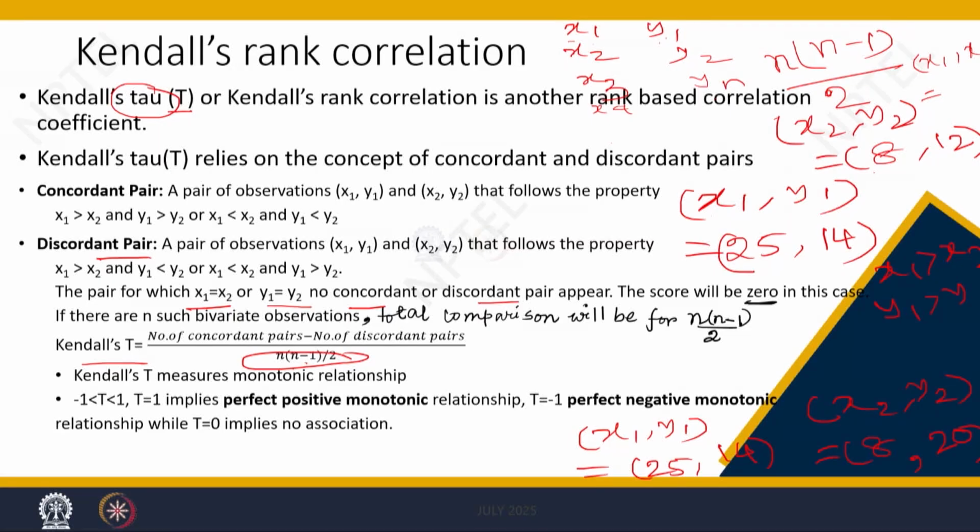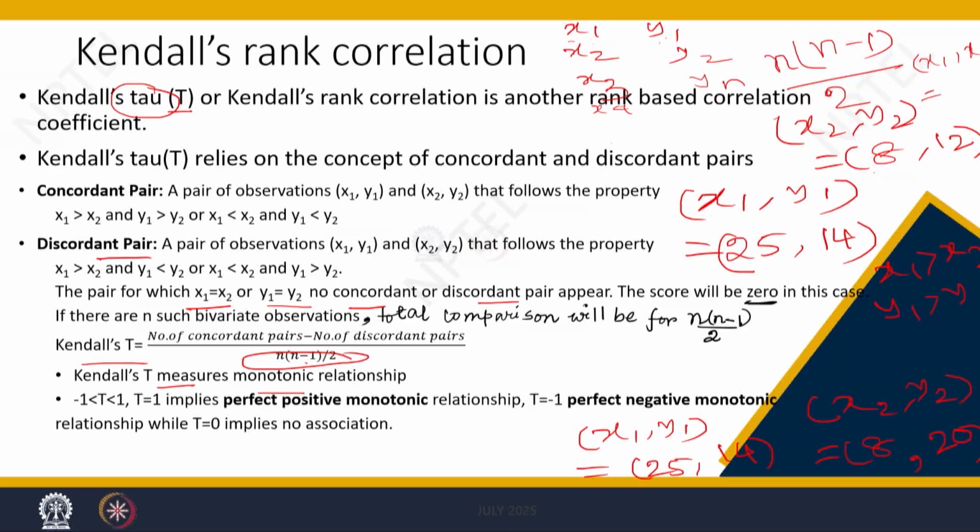The difference between concordant pairs and discordant pairs is the numerator of Kendall's T. And you have to remember, like Spearman rank correlation, Kendall's T measures a monotonic relationship. The range of Kendall's T or Kendall's tau is from -1 to +1. T equal to 1 implies a perfect positive monotonic relationship.